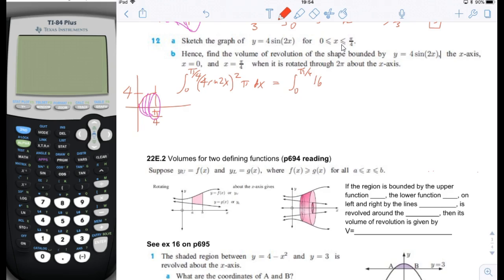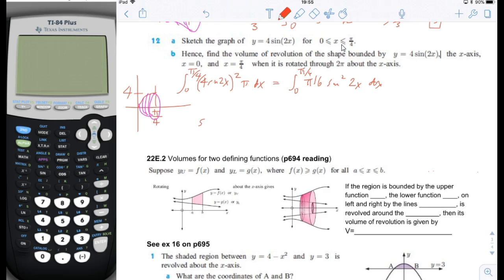It'll be pi times 16 sine squared 2x. Remember that if you have a sine squared, you're not going to be able to integrate it without doing a trig substitution.